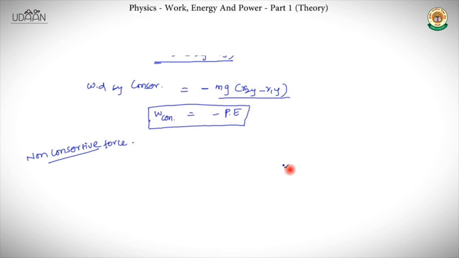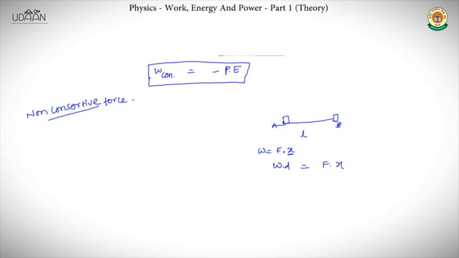As frictional force is a non-conservative force, the body has been moved from point A to B and it has traversed a distance L. So the work done by the frictional force will be equal to F into X, where X is the displacement of the particle. So work done by the frictional force is equal to F into X.